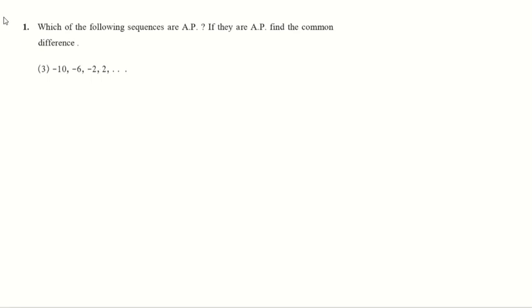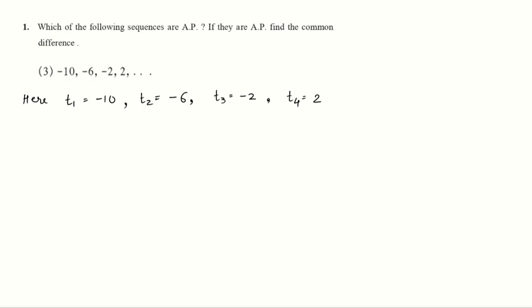If you see the third sequence, you will see that it has minus signs. Here you see minus 10, minus 6, minus 2, 2 and so on. Here T1 is minus 10, T2 is minus 6, T3 is minus 2, T4 is 2.